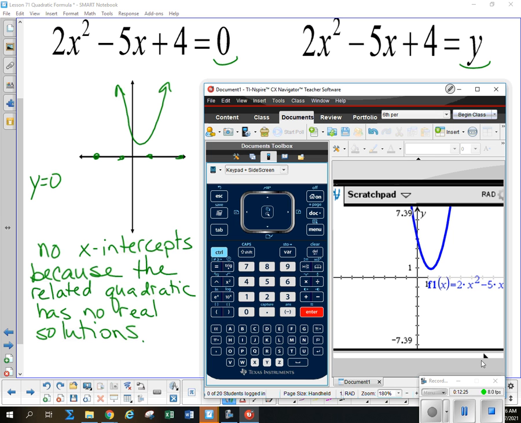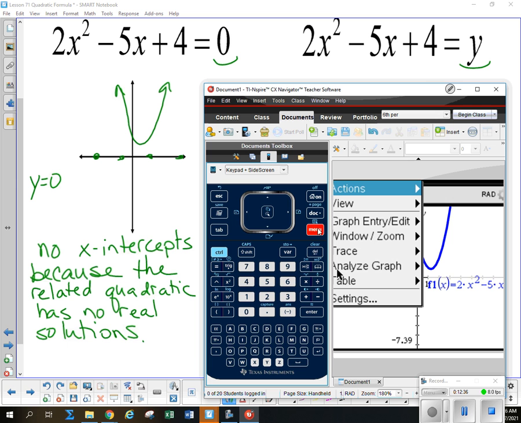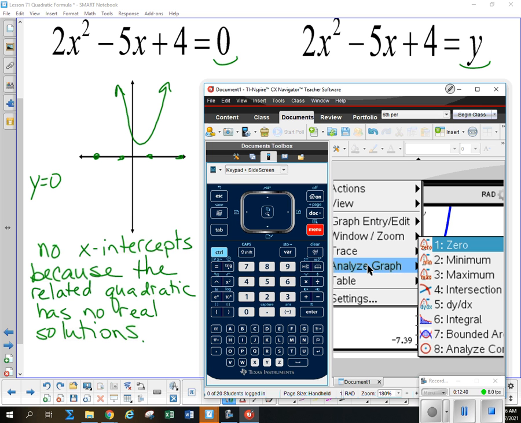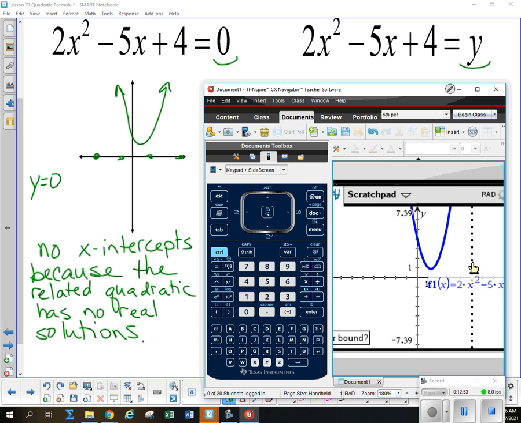One other thing we're going to ask you to do is, what's the vertex? What's the point where that quadratic turns? To do that, best friend button is menu. So click menu, and then click that you want to analyze your graph. And then, in this case, that vertex is the lowest point on the parabola. So for this right side up parabola, we want a minimum.